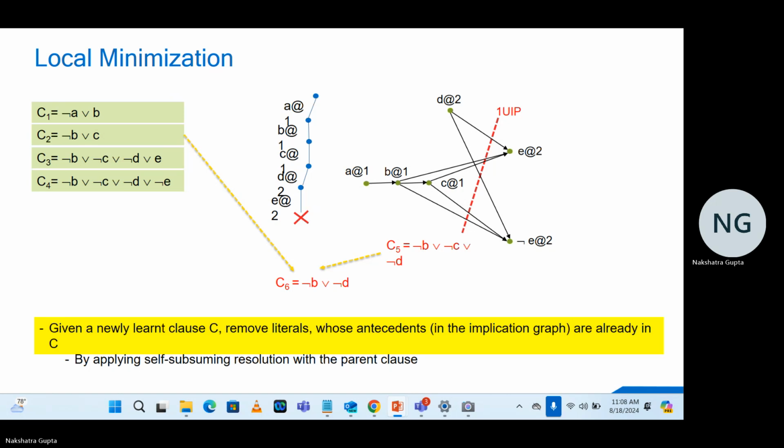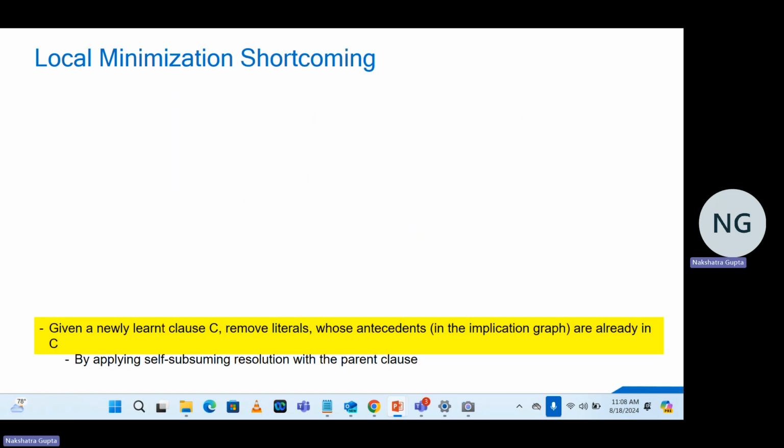Get it clear? So you have a conflict clause, and you go over the literals in it, and you try to resolve the clause with the clause where each literal was implied. And sometimes you may get a shorter clause. So that's the idea.